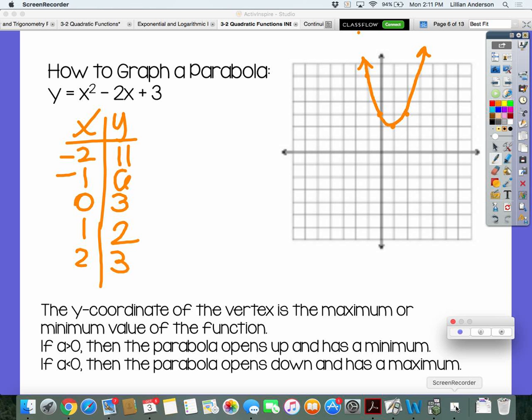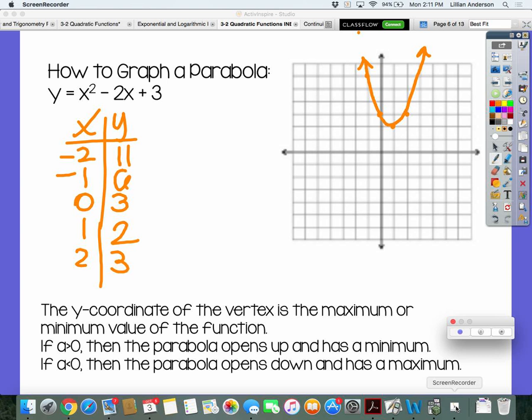Now, the y-coordinate of the vertex, which is the lowest point there, is either a maximum or a minimum value of the function. Okay? So when you're looking at a parabola, you're either going to have a maximum value or a minimum value. Now, if a is greater than 0, the parabola opens up and it has a minimum. Like, look at our problem here.